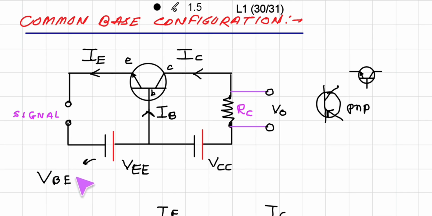Remember, normally the concept is this, that when we are connecting this battery between base and emitter, instead of saying VEB, we wrote here VBE, because the first terminal to be written here is where the higher potential is connected. So between this emitter and base, higher potential is connected to base, so this also can be treated as VBE. That is one concept for the nomenclature that you should understand.